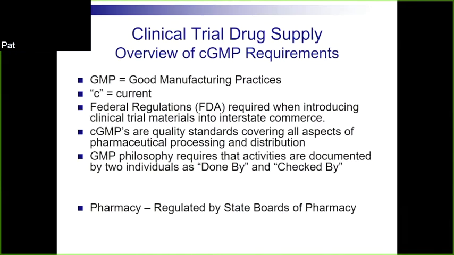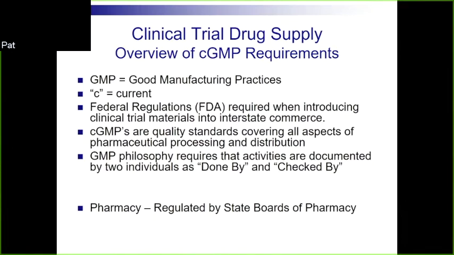That's just a reminder that it's the current good manufacturing practices, because these are always evolving in order to maintain best practices when it comes to the processing of pharmaceutical products and study drug products. The GMPs are a set of quality standards to ensure that all the processing and labeling are done in accordance with the regulations that will maintain the integrity of the product.